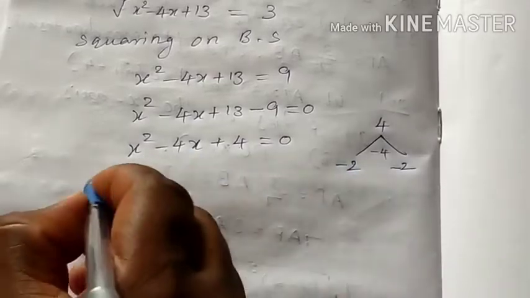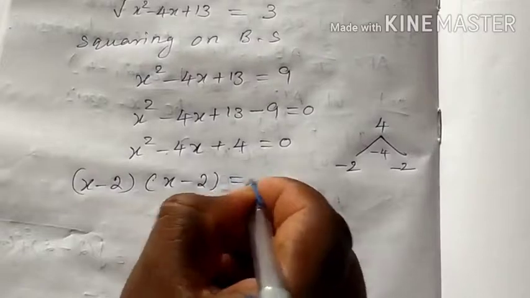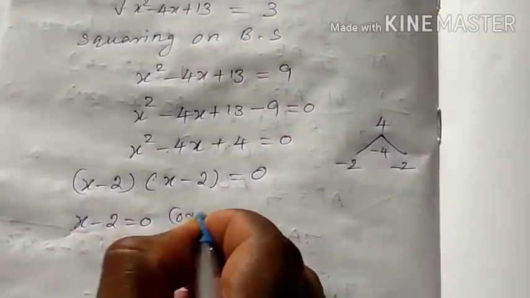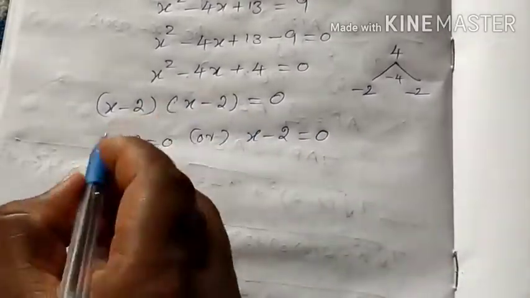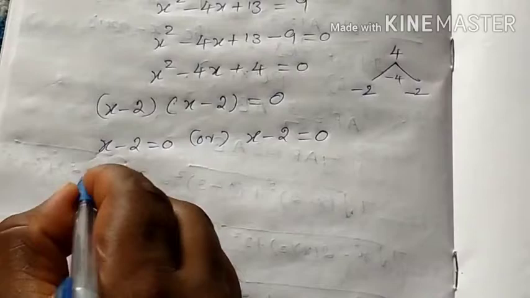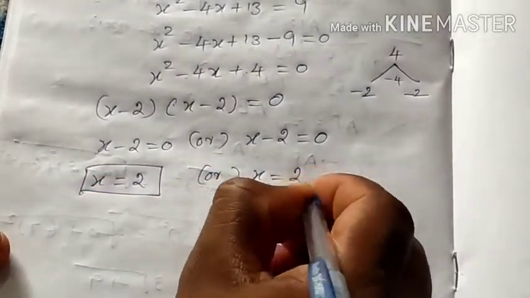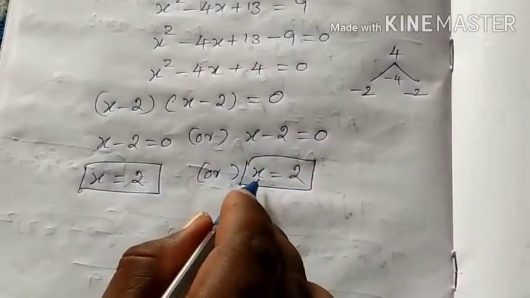So this can be written as (x - 2)(x - 2) equal to 0. So x - 2 equal to 0 or x - 2 equal to 0. Then x is equal to 2 or x is equal to 2. That's all, the same value.